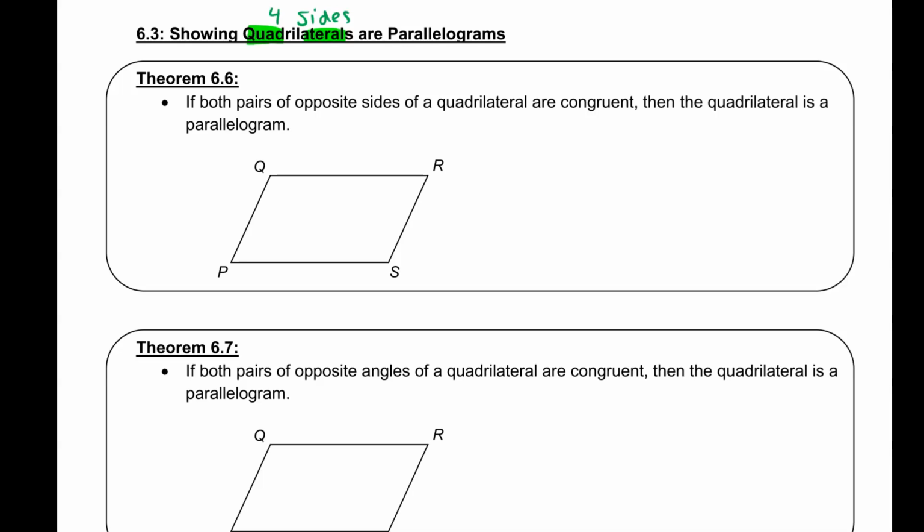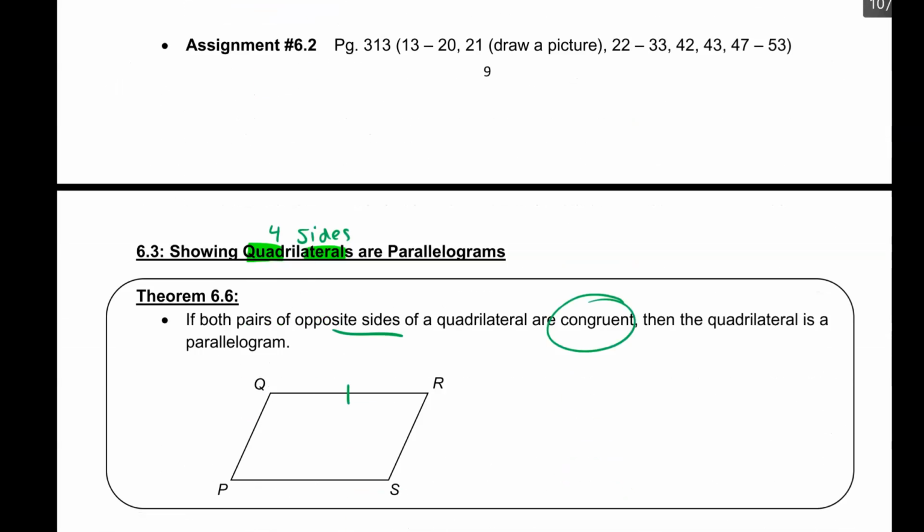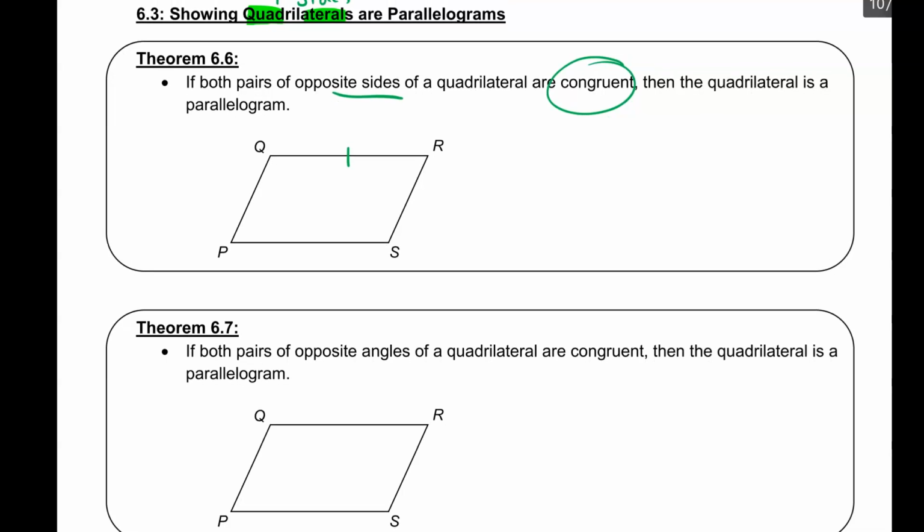All right, so if we want to show that a 4-sided object is a parallelogram, there are a couple of ways to do this. First, if both pairs of opposite sides are congruent, then the quadrilateral is a parallelogram. Before, we talked about what it means to be a parallelogram. Now we're using the definition.